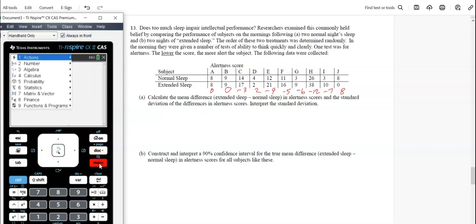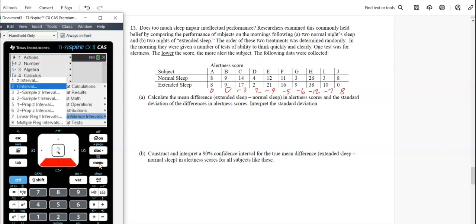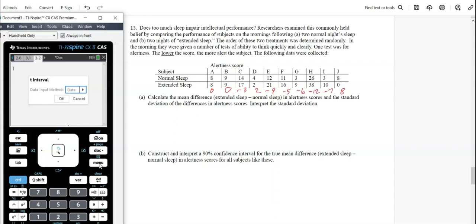Let's go ahead and do the paired t-test. So it's menu 6, 6. It's just a t-interval. We'll go with data, choose diff. I'm pretty sure it's 95%. Ooh, let's do 90.